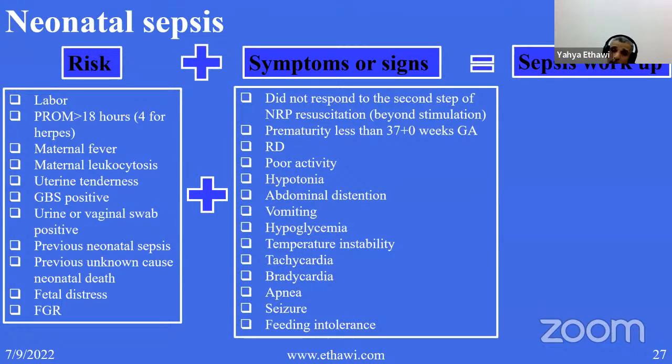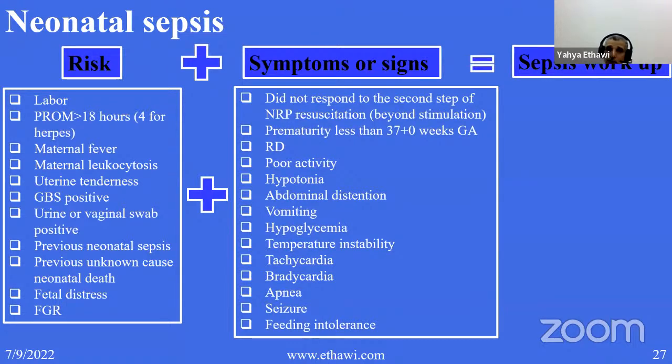Any baby born before 37 weeks is considered a symptom of infection. So if the mother is in labor and the baby is less than 37 weeks, this baby needs rule out sepsis. Baby has respiratory distress, poor activity, hypotonia, distended abdomen, vomiting, hypoglycemia, temperature instability, tachycardia, bradycardia, apnea, seizure, feeding intolerance.